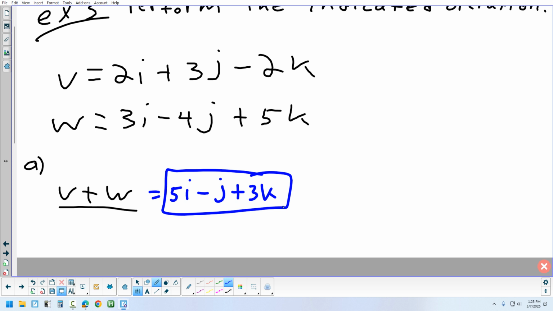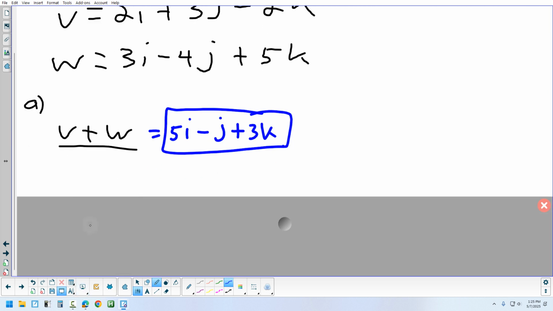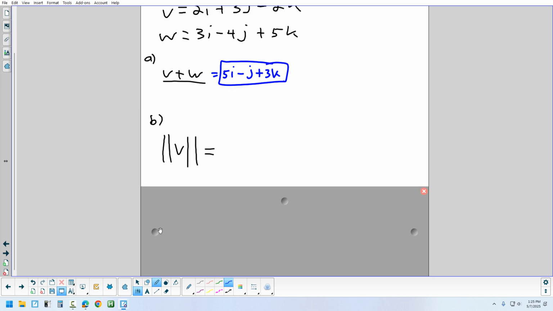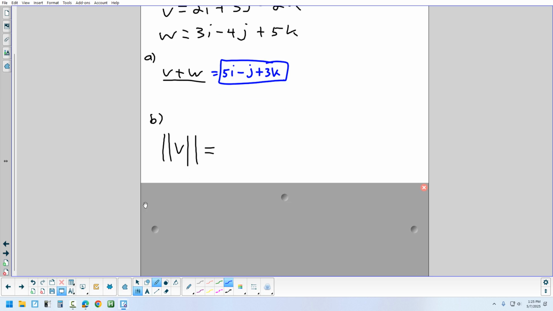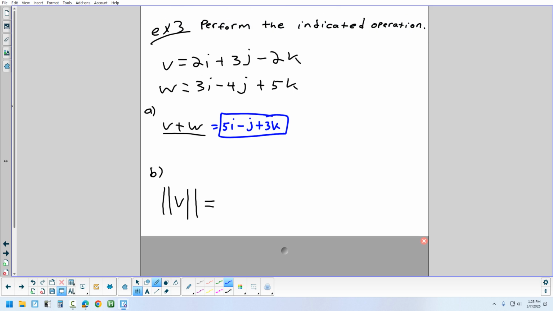All right, let's try scaling. Are we going to have to do those velocity things in 3D? We'll do scaling now. Let's do magnitude next. Velocity in 3D, no. Okay. What's the first thing you write down to find the magnitude? You do square root, and then you put in there 2 squared plus 3 squared plus negative 2 squared.